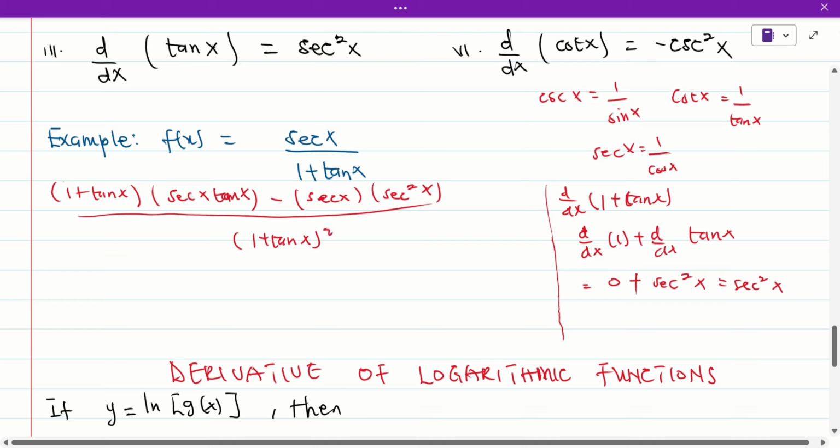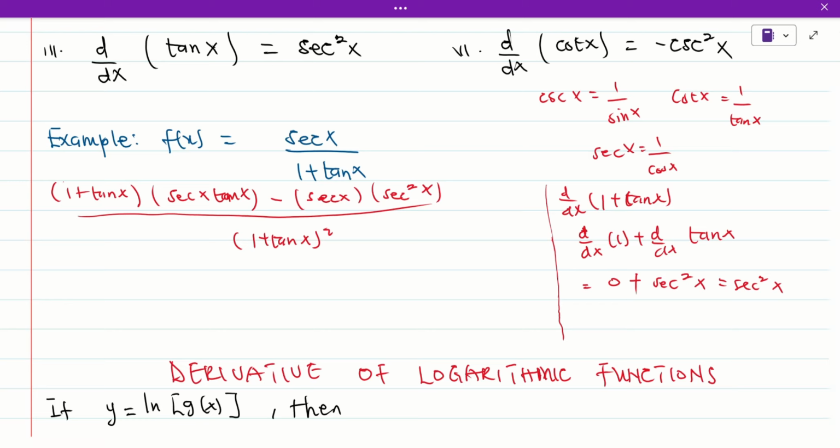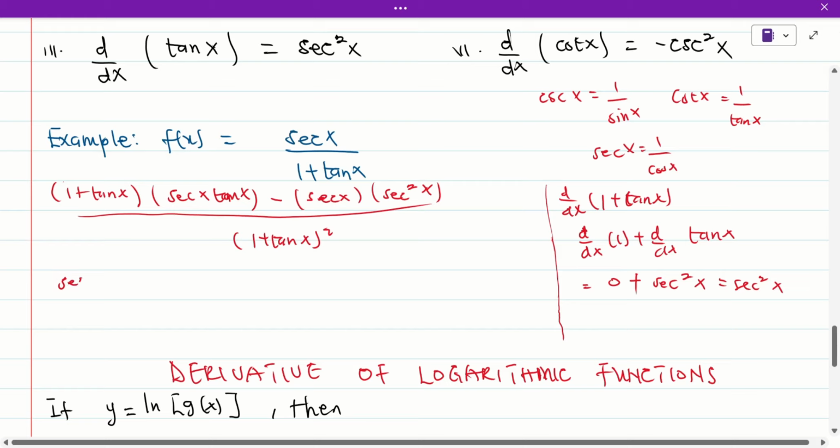Now when we expand this, you're going to get sec x tan x plus sec x tan squared x minus sec cubed x, all over 1 plus tan x all squared.